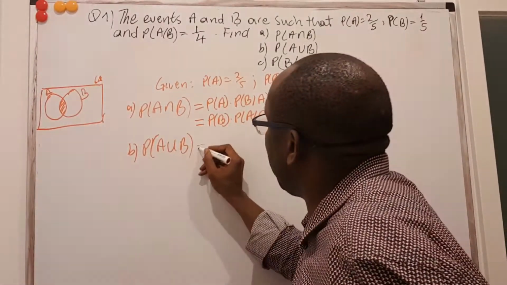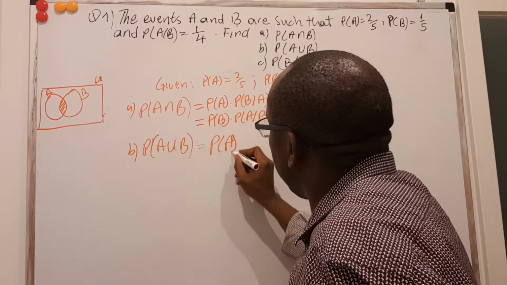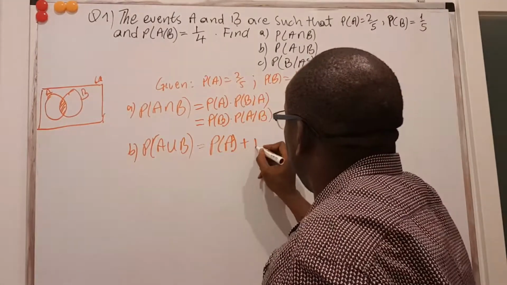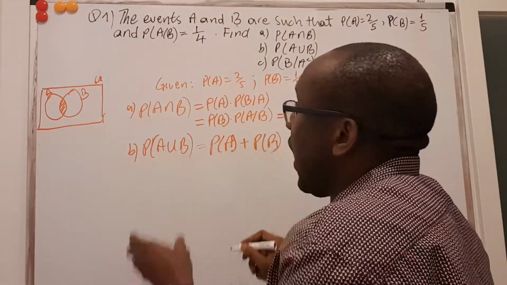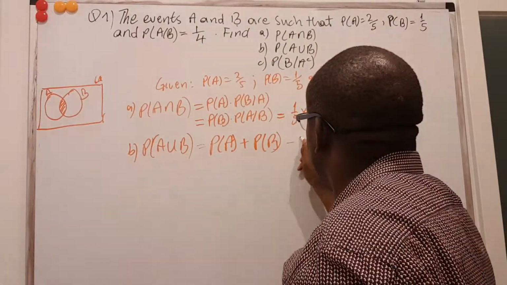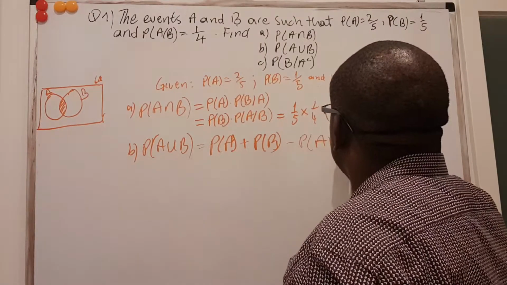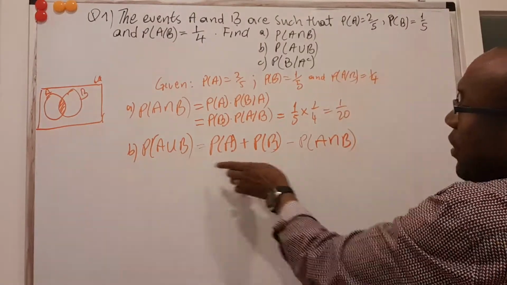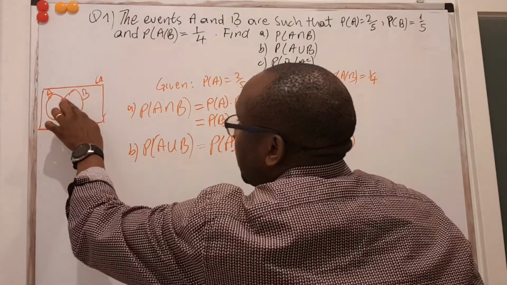So basically this is the probability of A, everything with A, plus the probability of B, and then we remove that intersection part, because otherwise it will be counted twice: minus the probability of A intersection B. This is how we get this from here.